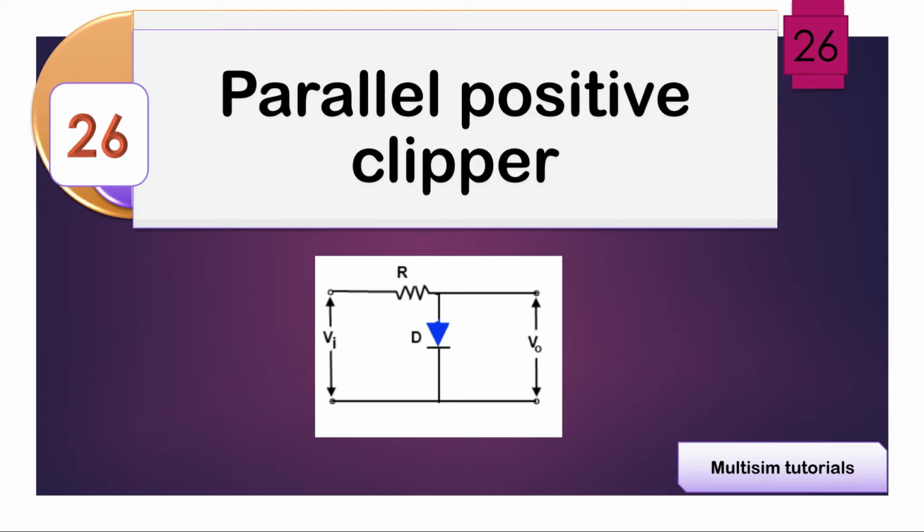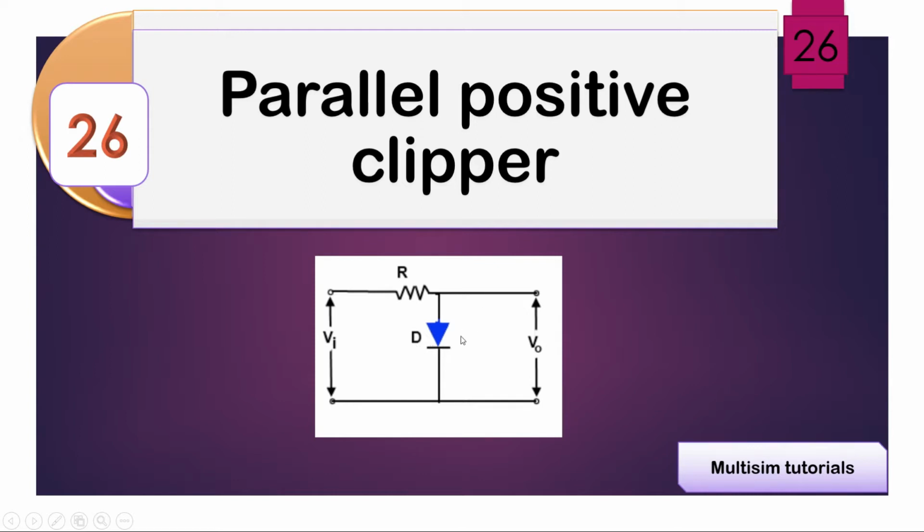Everyone, right? So why? Because the diode is connected to the output in parallel, which means we are taking the output parallel to the diode. That's the reason this is called a parallel clipper circuit.